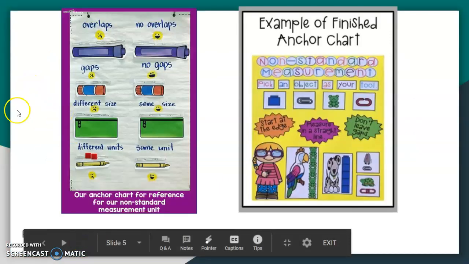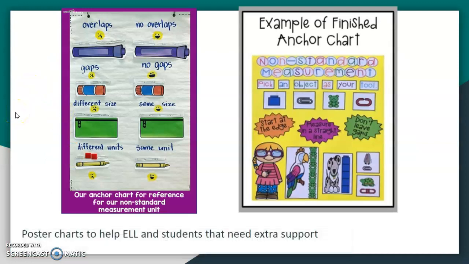And in the next slide, I provided a couple examples of some charts that I thought would be great for English language learners and those students that need some extra support with their measurements. It shows certain things like overlaps versus no overlaps, so they make sure that the material they're using to measure is properly lined up, that there are no gaps, and that they're not using different sizes with their units, that they're even.